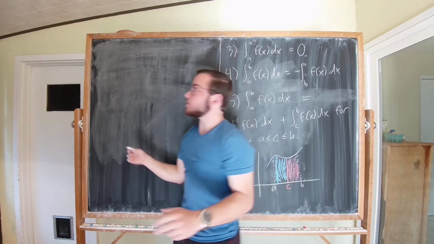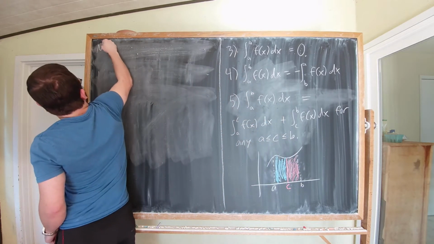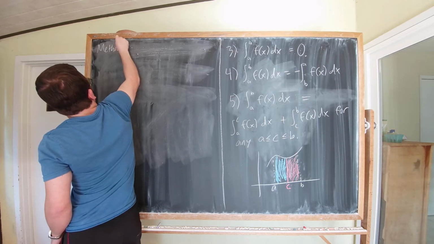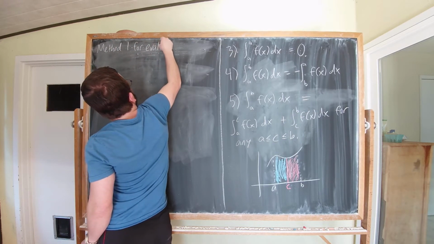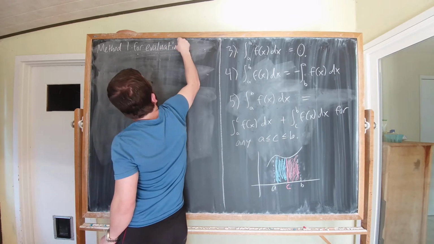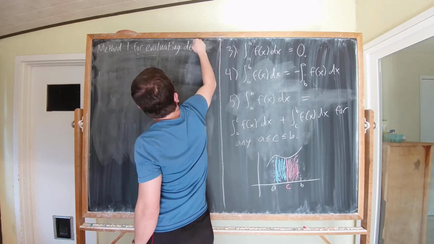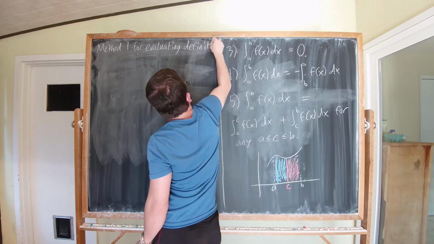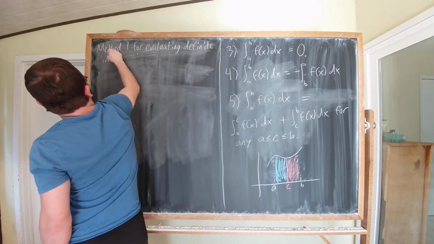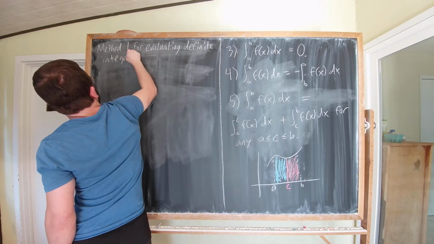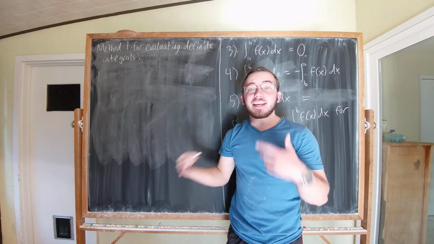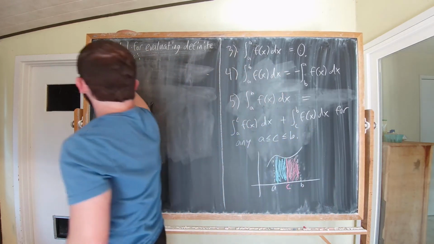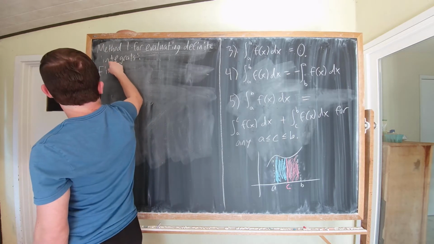Method one, we've already talked about. Method one is you find an indefinite integral and apply the fundamental theorem of calculus.